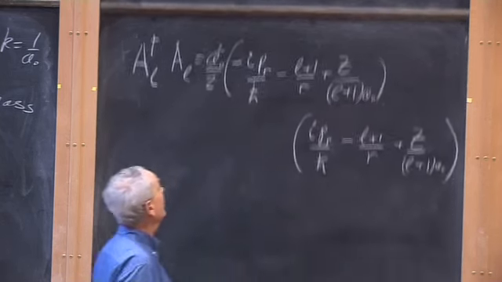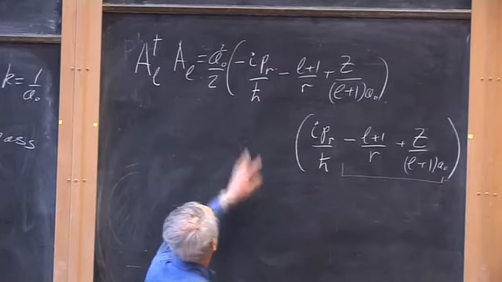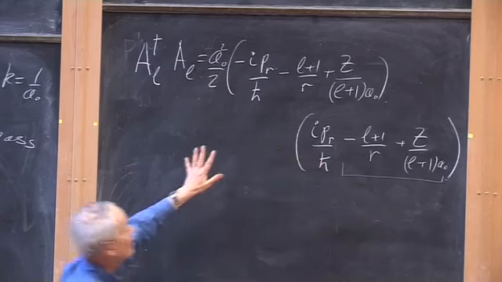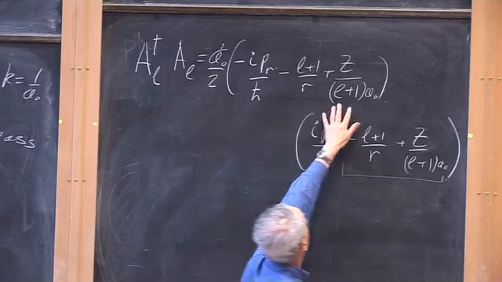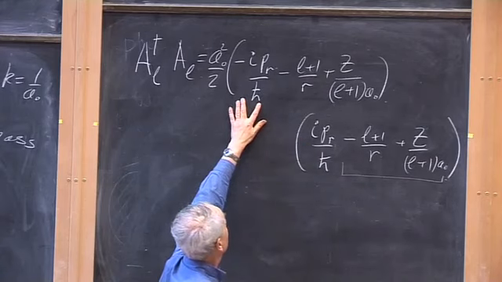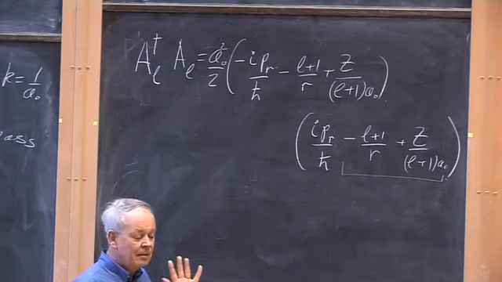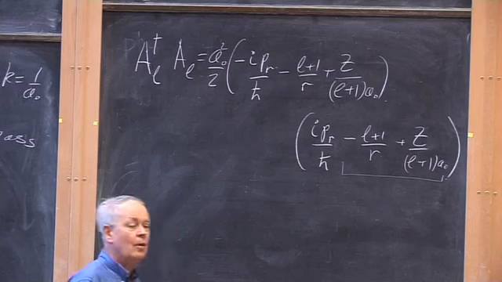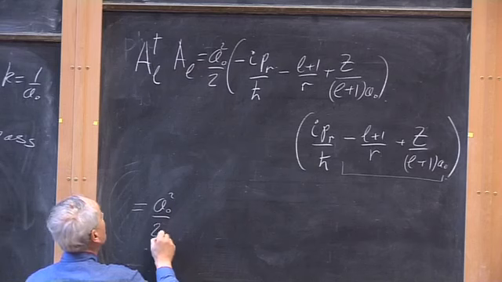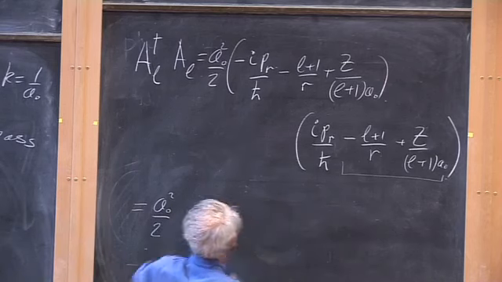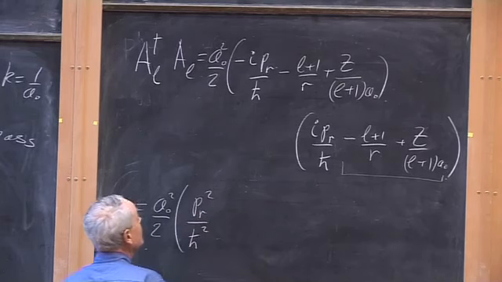So we have to multiply this stuff out. The way we do it is we regard this in the back here as one factor and that in the front as another factor. So this is looking like the product of a number minus some number, a number plus some number, right? It's the usual pattern. This is mirroring very closely what we did with the harmonic oscillator. So we get a0 squared over 2. These two obviously multiply together, and we get P_r squared over h bar squared.